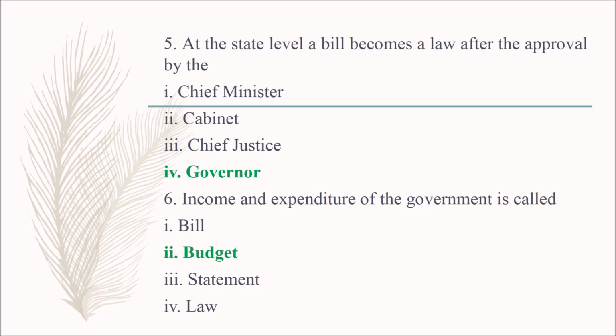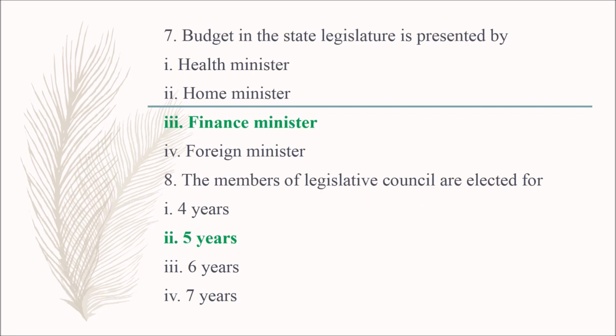Question number 6. Income and expenditure of the government is called option 1 bill, option 2 budget, option 3 statement, option 4 law. So the correct answer is option 2 budget. Question number 7. Budget in the state legislature is presented by option 1 Health Minister, option 2 Home Minister, option 3 Finance Minister, option 4 Foreign Minister.